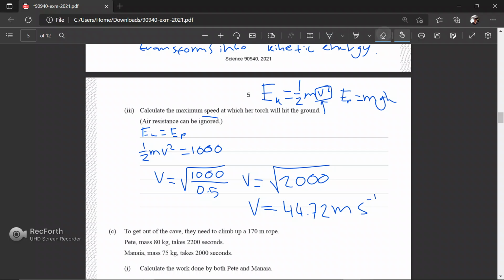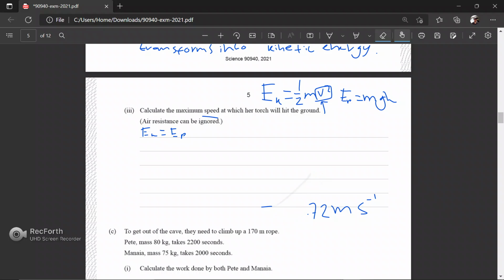Now, there is actually another way to do this problem, and I will show that to you. So let me just quickly get rid of all this stuff. We already stated that EK equals EP, but what if I take the actual equations and make both parts equal to each other?